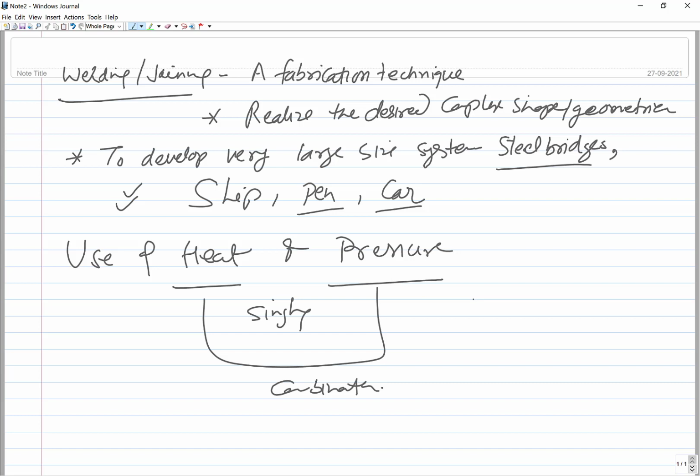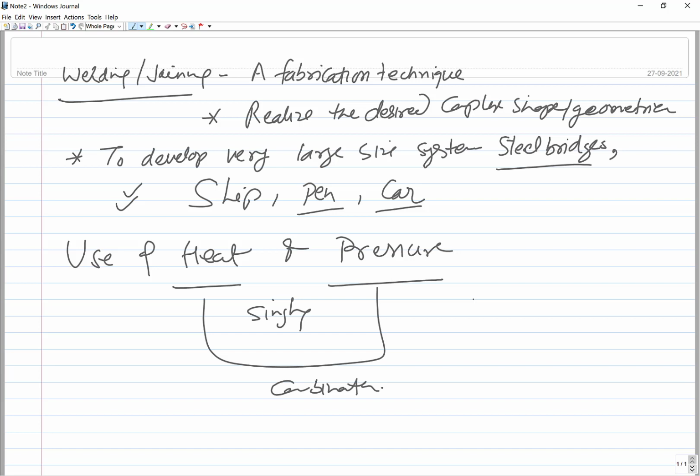And sometimes we have to use both heat and pressure. So this is one aspect. The second aspect is that most joints will need either heat or pressure or both. Heat will be used for a number of purposes, I'll come to that a little later, and likewise pressure is also used not just for deformation but for a number of other purposes.